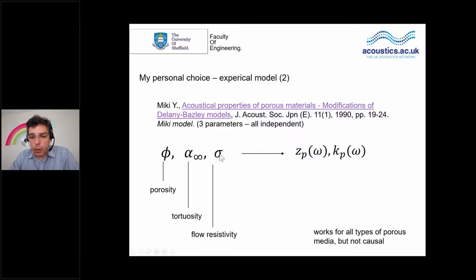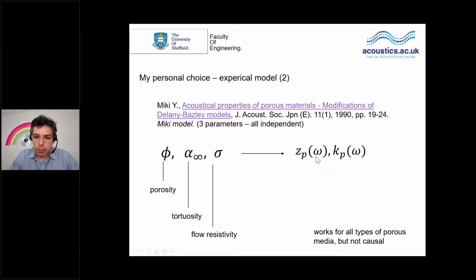Please do not confuse sigma with sigma s, which I use for pore size distribution. And it also requires 1 parameter, tortuosity, which is not directly measurable. But what's nice about this model is that it's very simple to use. And by the way, I saved a MATLAB copy of the code to run this model in that folder I showed you before. You can play with it.